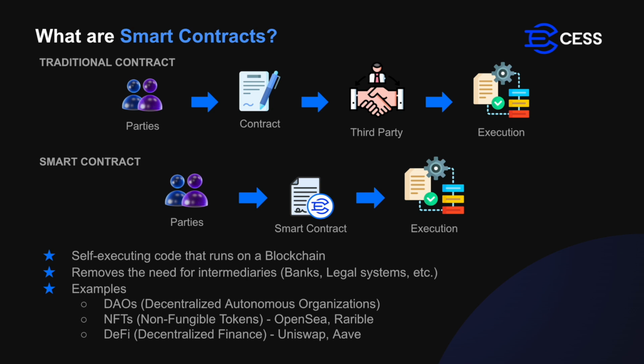Now that we understand smart contracts, let's compare the two major blockchain ecosystems that support them: Ethereum and substrate-based blockchains like SES. Ethereum is the most well-known smart contract platform, but substrate-based blockchains like SES offer more flexibility and efficiency for certain applications.